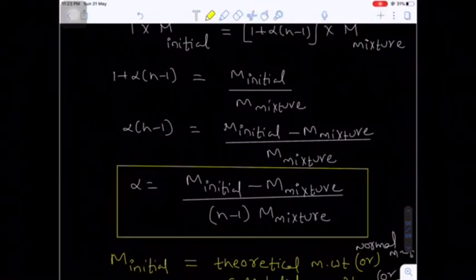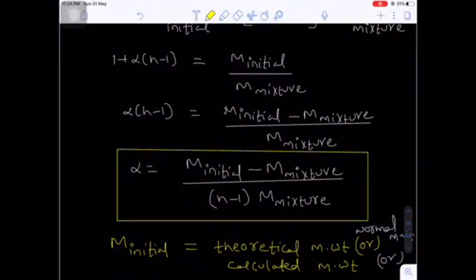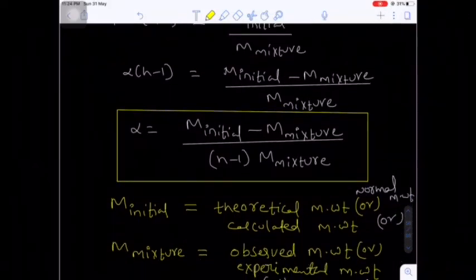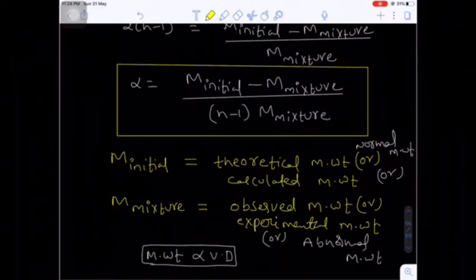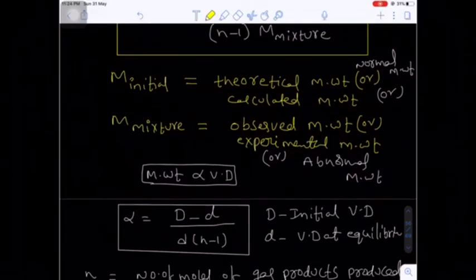For a decomposition reaction, alpha is equal to M initial minus M mixture, divided by (n minus 1) into M mixture. n is the number of moles of gaseous products obtained from 1 mole of the gaseous reactant. M initial is the theoretical mass, that is, the initial or calculated mass. M mixture is the observed molecular weight, or experimental molecular weight, or abnormal molecular weight, which is in problem number 4.